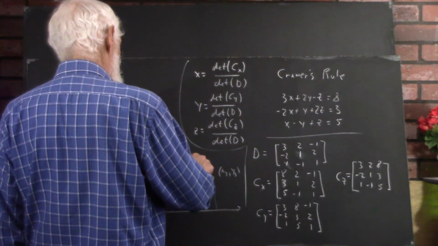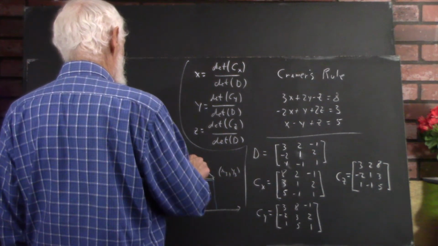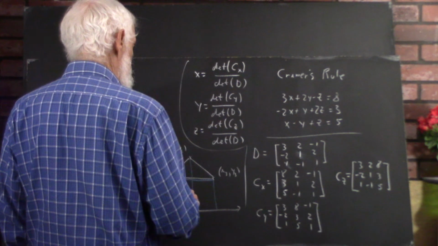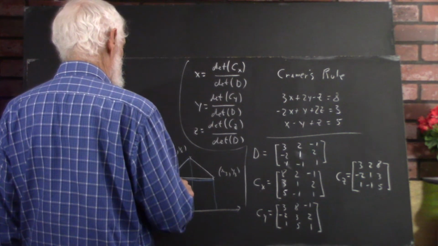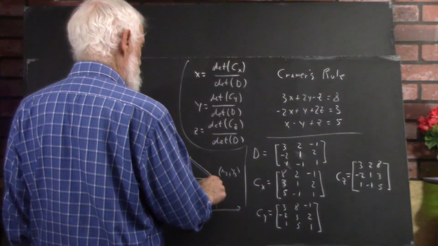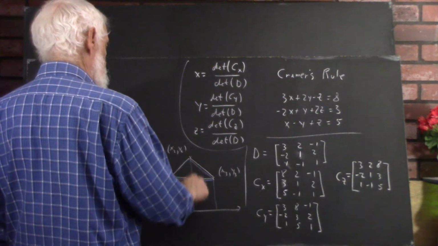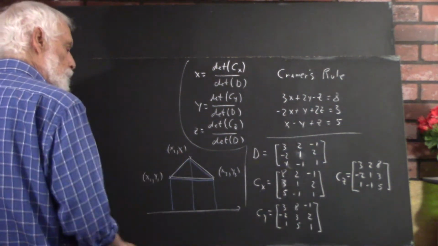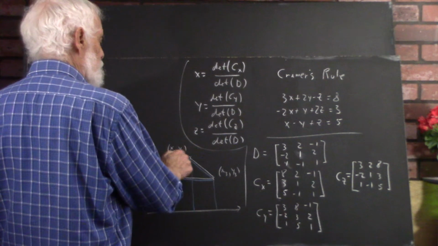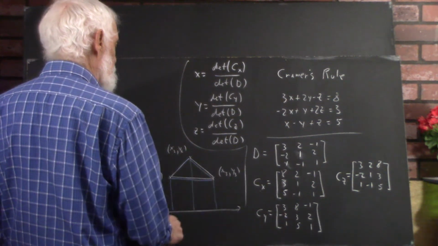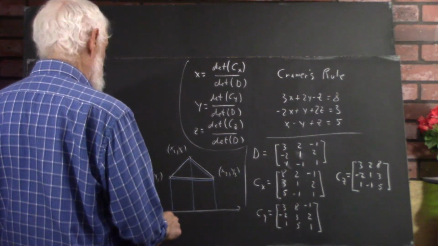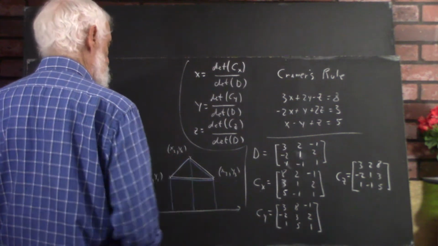Then I have another trapezoid here. And another trapezoid here. So I've got a trapezoid for x1, y1, and x2, y2, and a trapezoid for x2, y2, and x3, y3, in addition to this bigger trapezoid down here for x1, y1, and x1, y3.